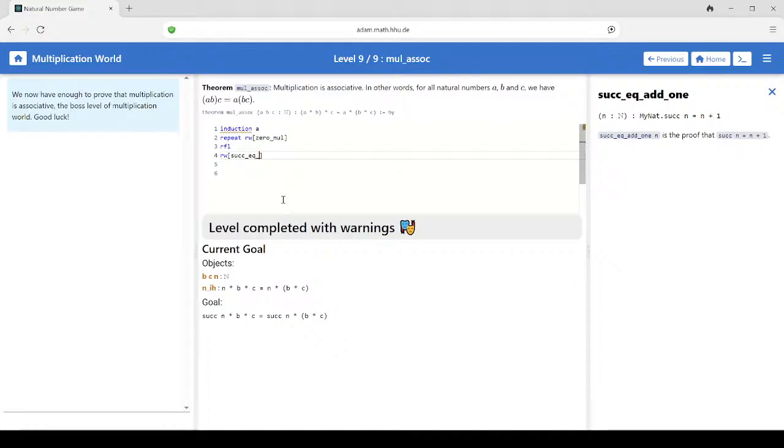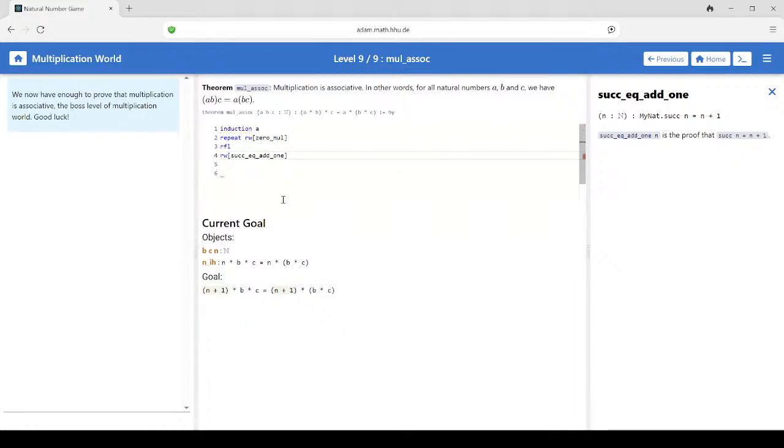Successor equals add 1. Now what? At least it's something new.